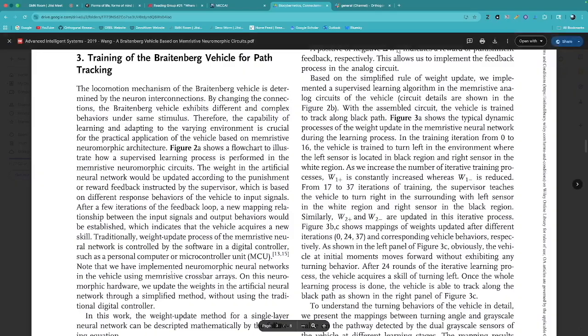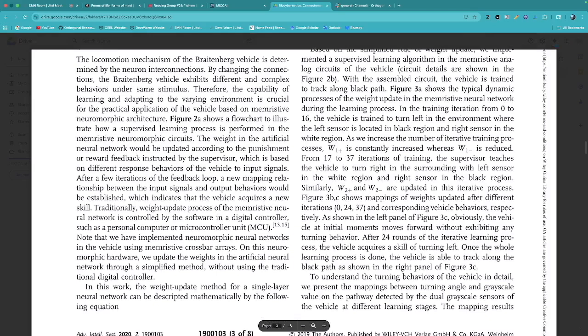Note that we have implemented neuromorphic neural networks in the vehicles using memristive crossbar arrays. On this neuromorphic hardware, we update the weights in the artificial neural network through a simplified method without using the traditional digital controller. So they describe this process in a von Neumann architecture, but then they describe it in the neuromorphic architecture.